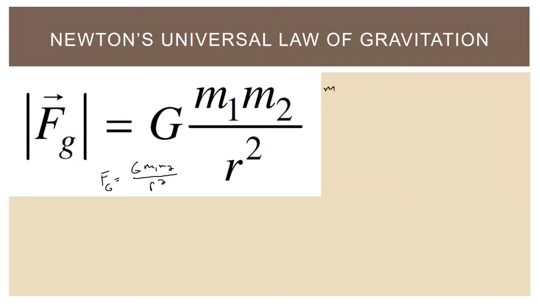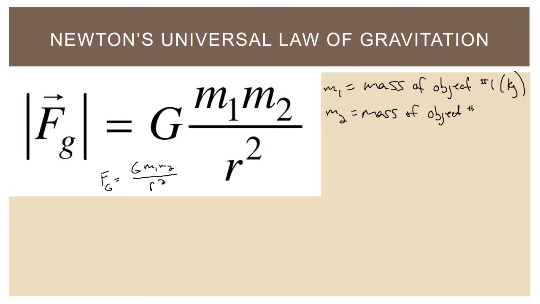And so m1 in this equation is the mass of object 1. That, of course, is going to be measured in kilograms. m2 is the mass of object 2, also measured in kilograms. r is the distance between the center of each object.